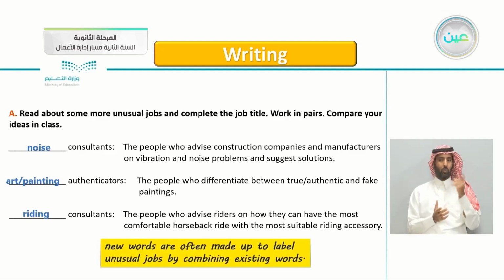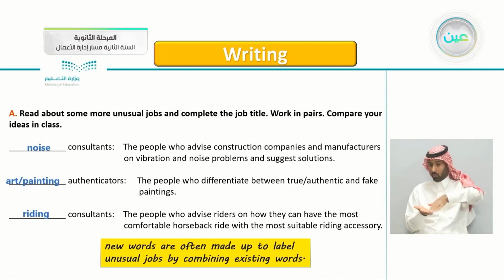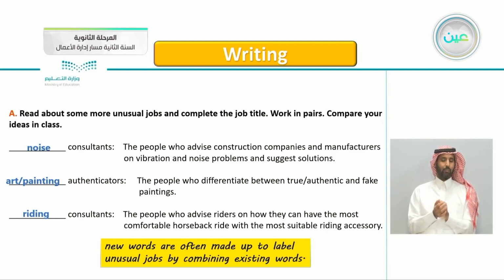New words are often made up to label unusual jobs by combining existing words. Sometimes we make up new words to label unusual jobs by combining existing words. For example, the cheese sprayer from the previous lesson, the person who sprays cheese.